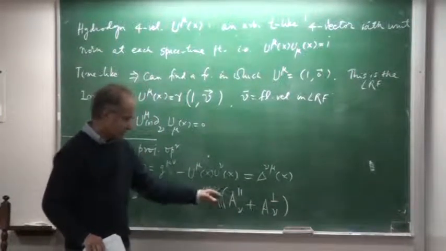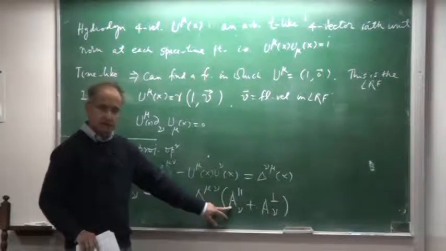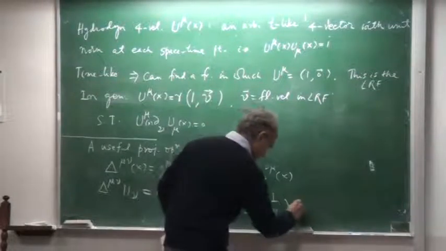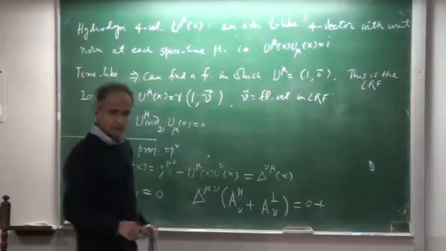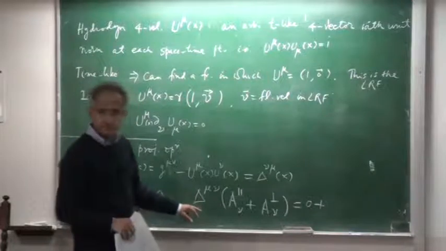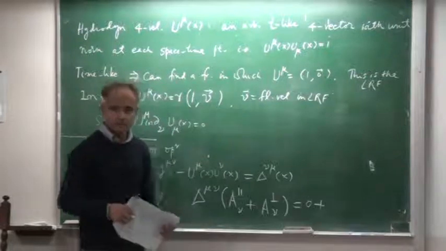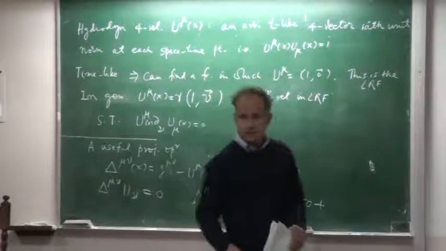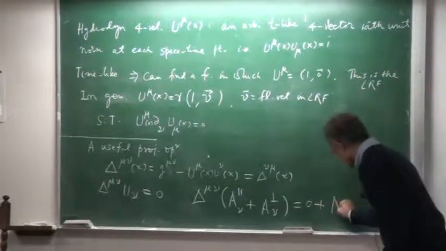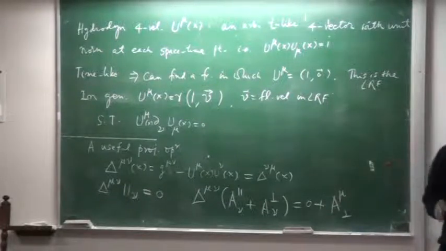And when it acts on this, what is going to happen? The first term will survive or vanish? The first term will vanish. And the second term will give? So what should I write here? A mu perpendicular. So that will survive because it is orthogonal to u mu.